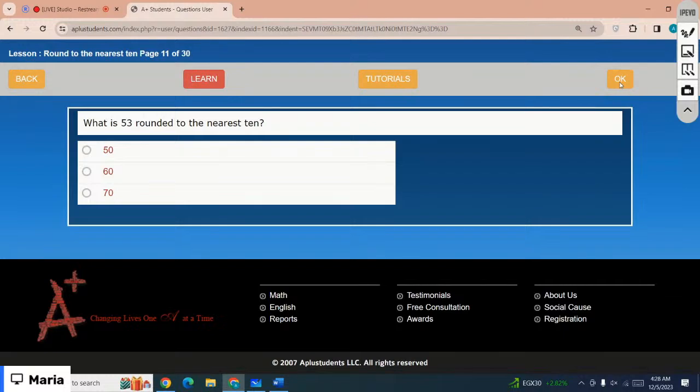What is 53 rounded to the nearest 10, which is the correct option? 53 is.